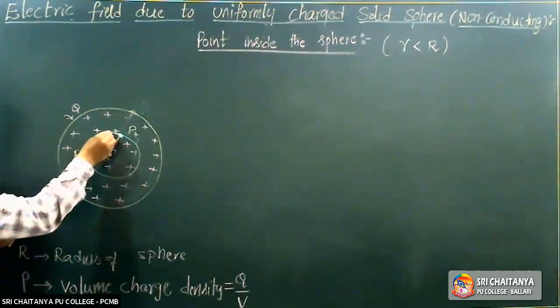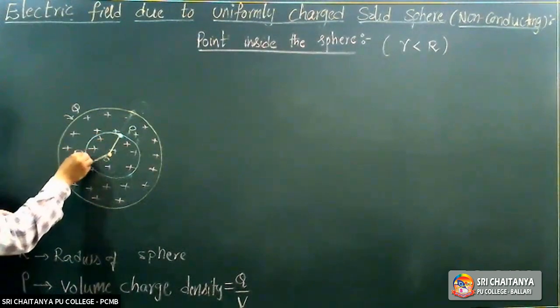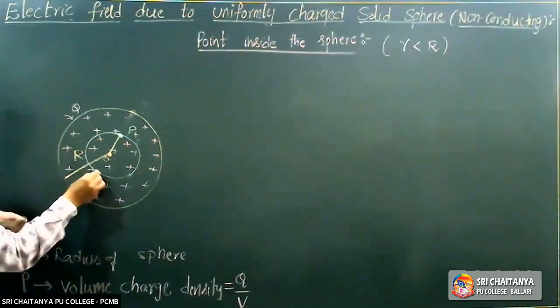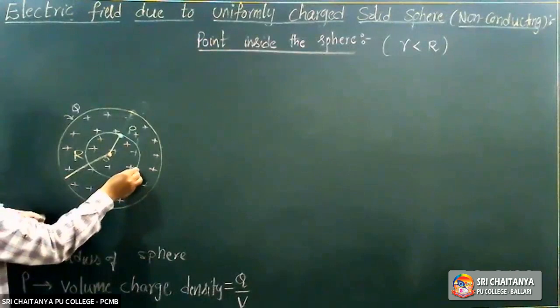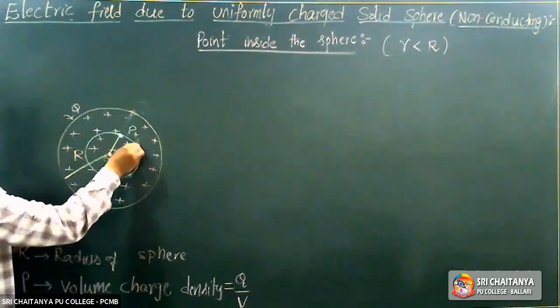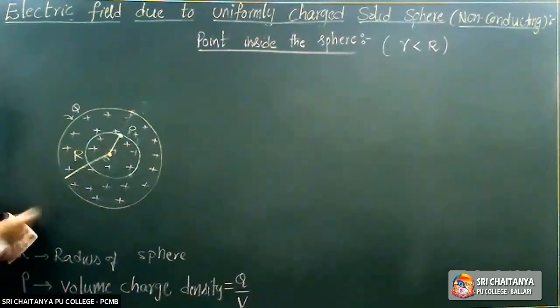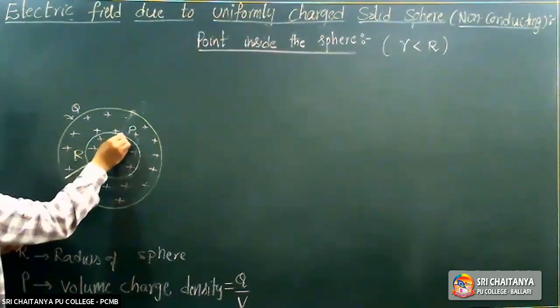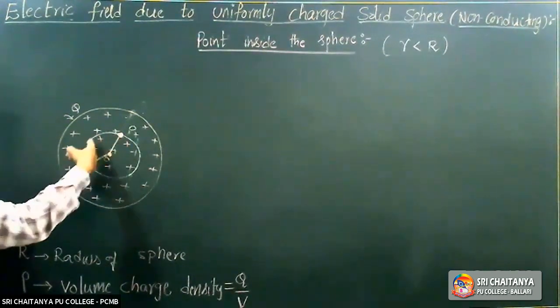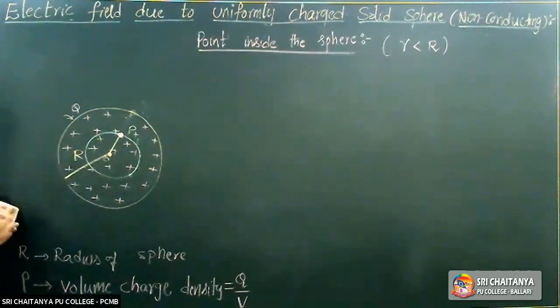This is the Gaussian surface passing through the point which is inside. For this point, if I draw the Gaussian surface, this is the Gaussian surface.